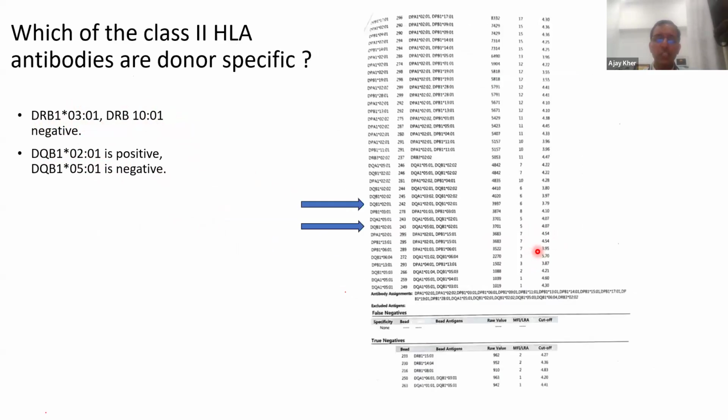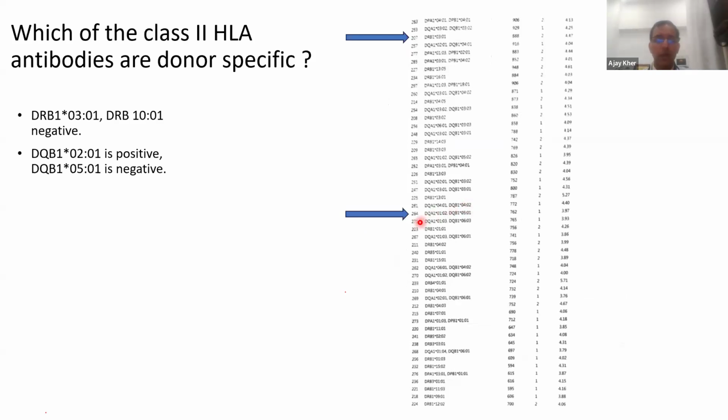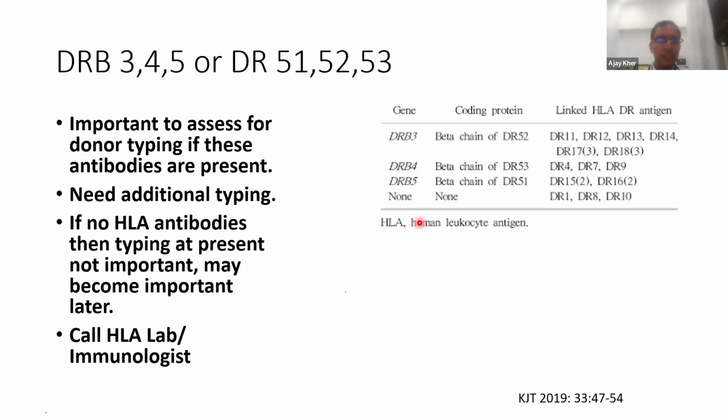When we do class 2 beads, what you actually get is a DQ alpha and a DQ beta combination, because these alpha and beta are combined together. And so sometimes confirming whether these are donor specific or not can be complicated. So we'll show an example later on.